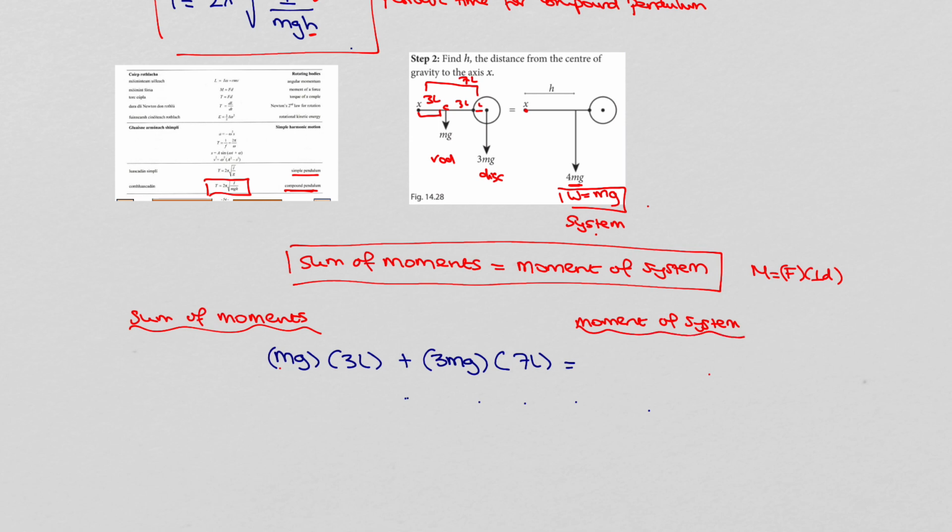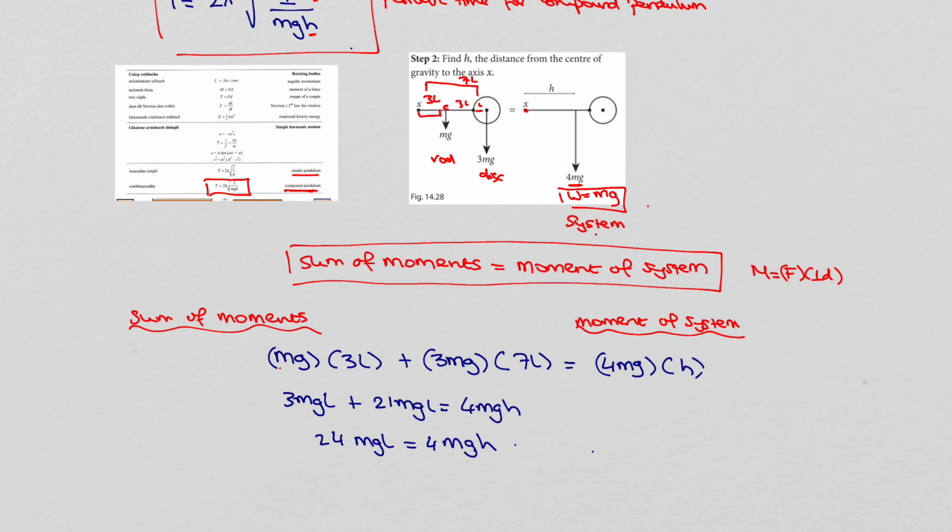And therefore that's going to be force, which is the weight, by the perpendicular distance, which we don't know. We're trying to find what h is. So all I need to do now is simplify the left-hand side. So I get 3mgL plus 21mgL is equal to 4mgh. And we can add the left, so that's 24mgL is equal to 4mgh.